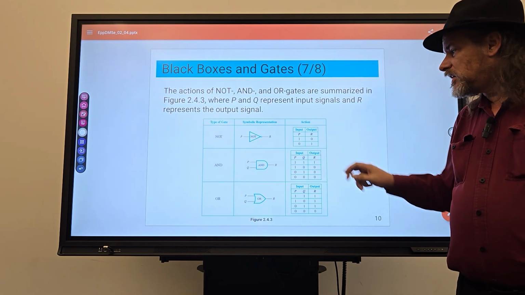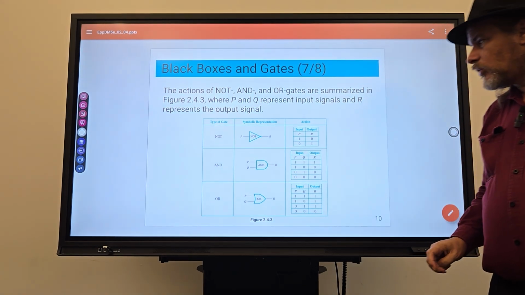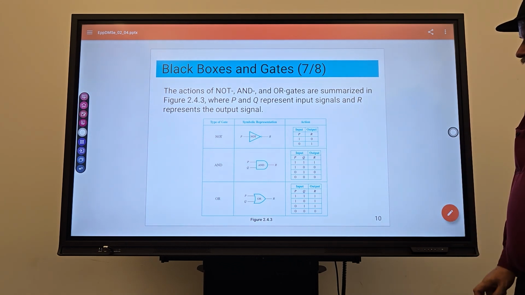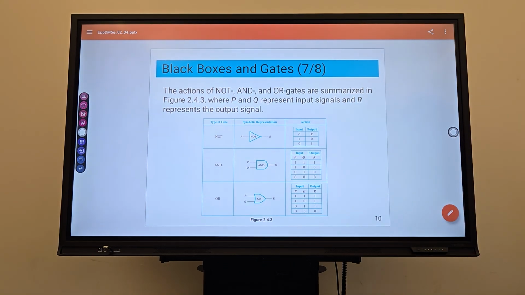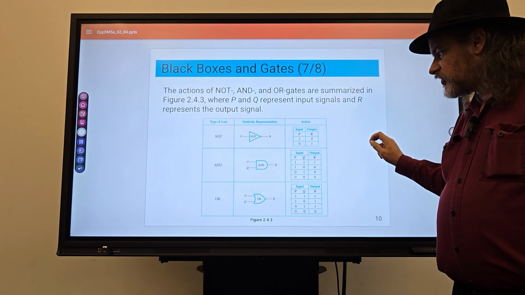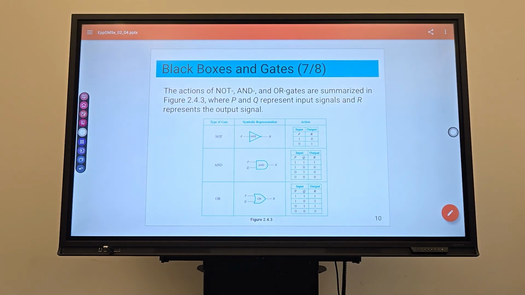So here are the symbols used in circuits for the AND, OR, and NOT, and their input-output tables. It's just another symbol to memorize for the various logic operations.